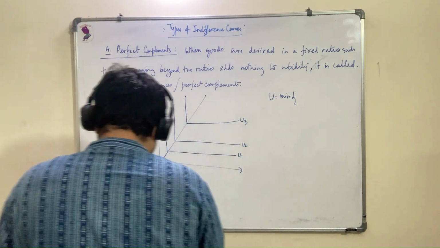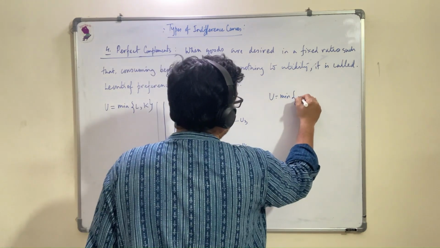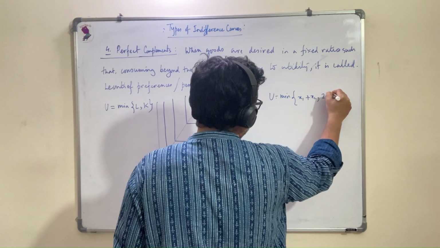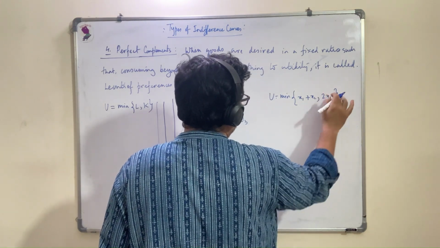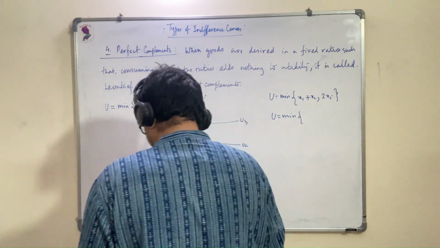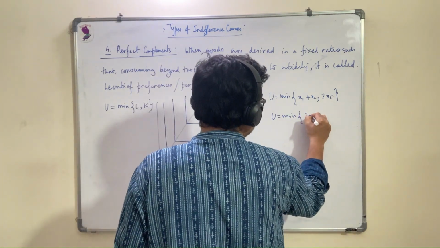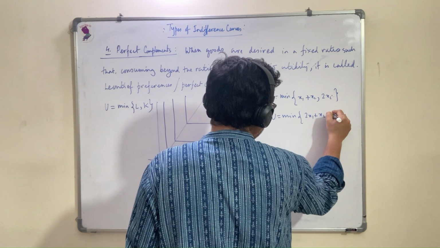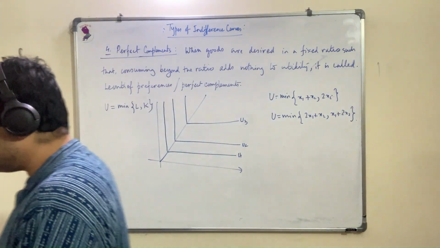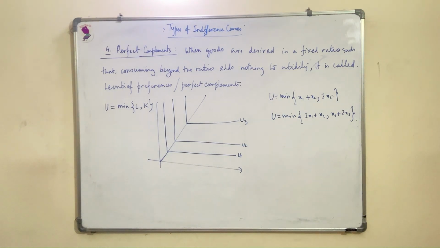Something which looks like, say, this one, or if I tell you to draw a Leontief with a functional structure like this one, then most of the students are at a loss.